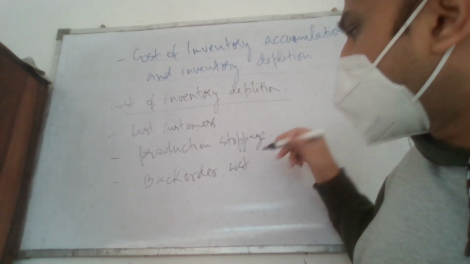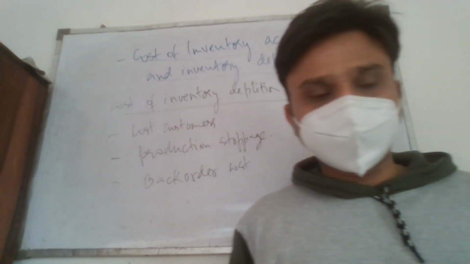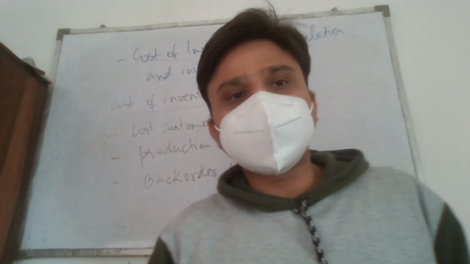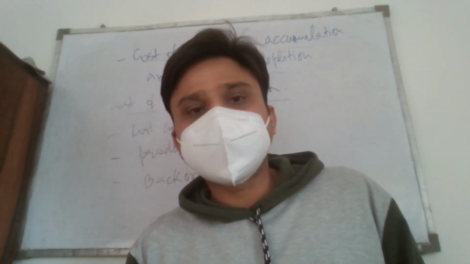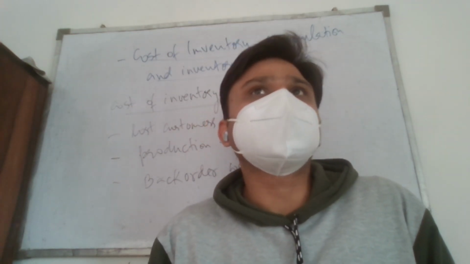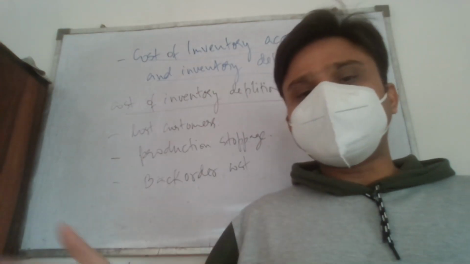Back order cost is quite typical when your product inventory falls below the level required, and the vendor is not able to furnish the inventory required for production. Then the vendor will charge a back order cost, saying you want the product earlier than what was planned, so it will cost you additionally. Then we have idle labor and machine time and so on.